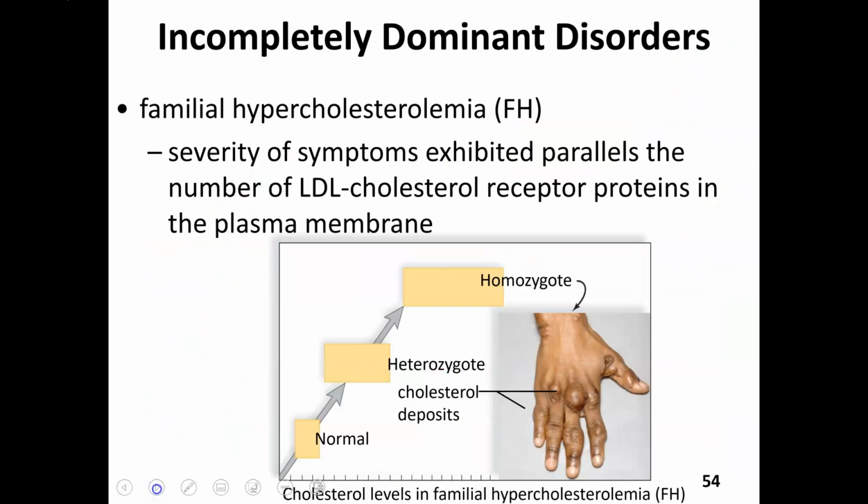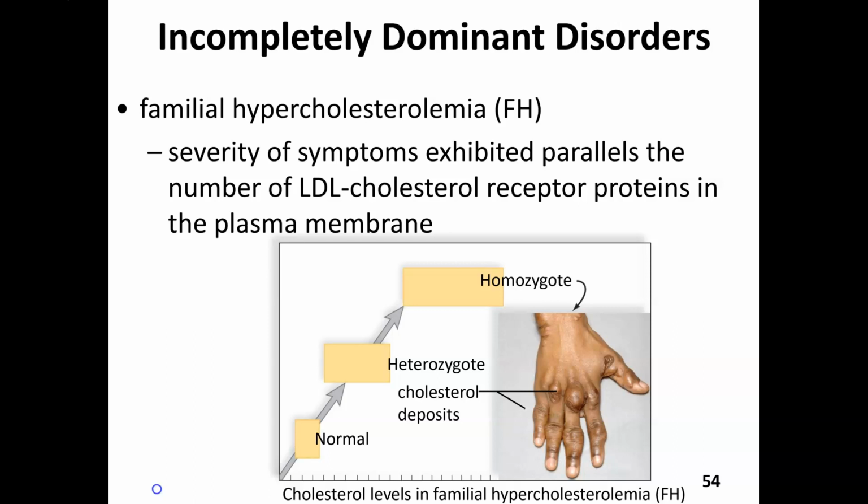All right, so let's look at some incompletely dominant disorders. The first is familial hypercholesterolemia. Familial hypercholesterolemia is a disorder that is associated with receptors in the plasma membrane that are supposed to bind LDL cholesterol.